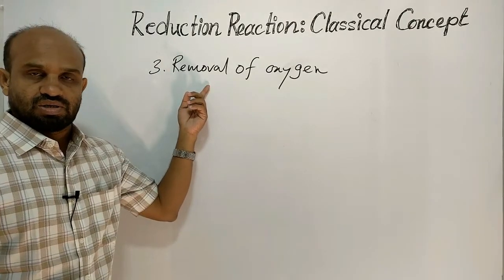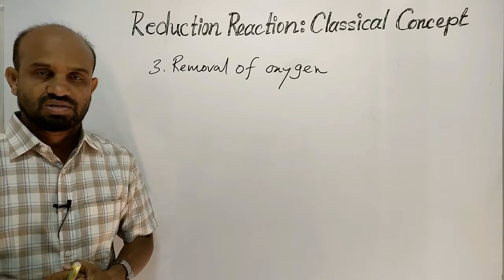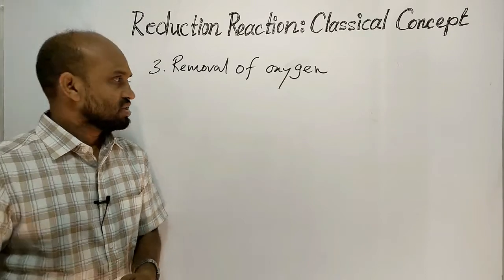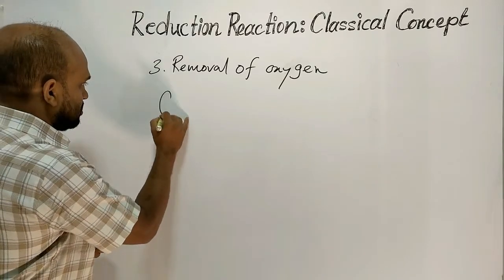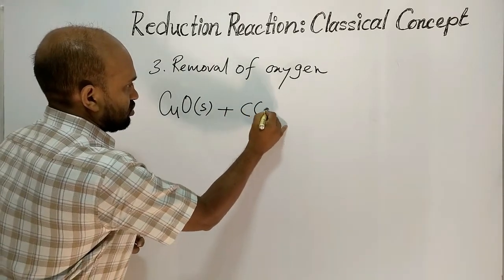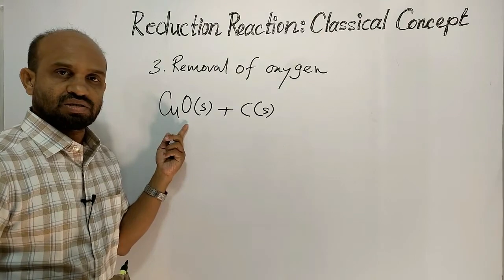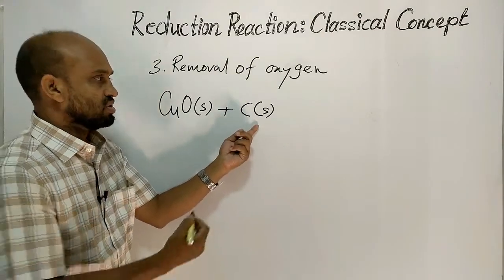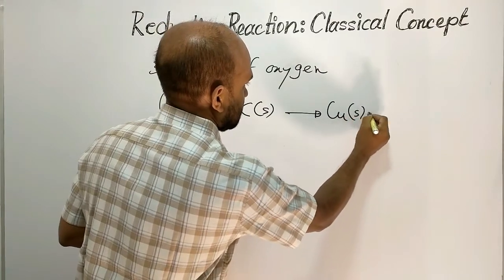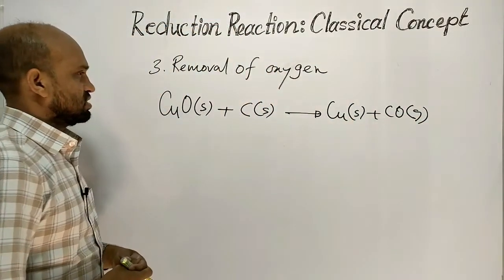Removal of oxygen. The reaction in which removal of oxygen occurs is called a reduction reaction. The example is copper oxide solid and carbon solid. When copper oxide is treated with carbon, then copper and carbon monoxide are formed.